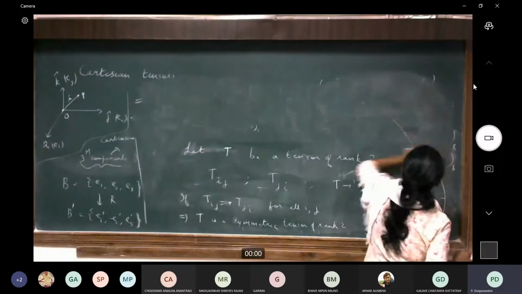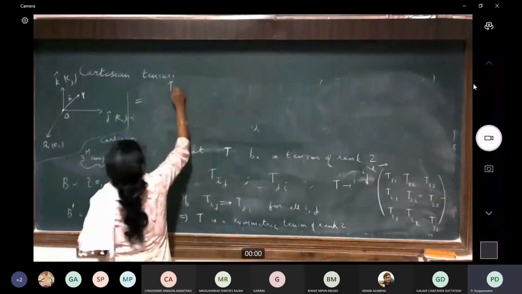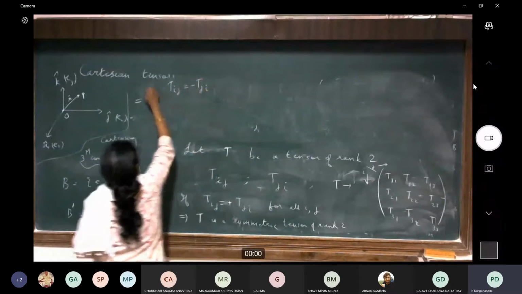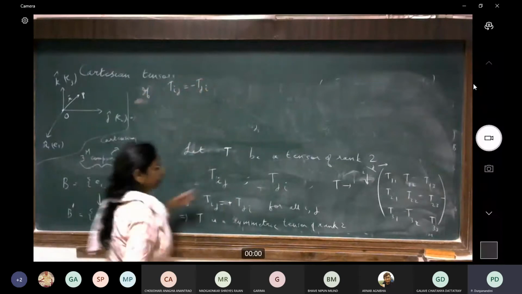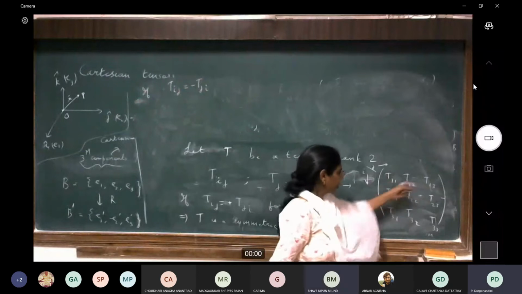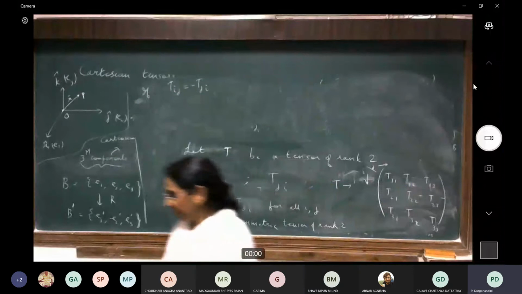So suppose I had this relation, that Tij equal to minus Tji. Then what would you call such a matrix? Think of it first as a matrix. Skew symmetric. Symmetric or anti-symmetric.